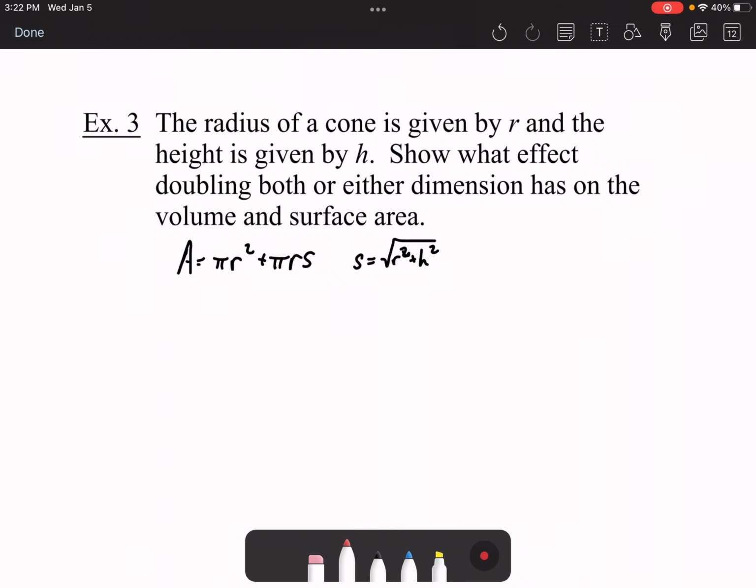So we're interested in doubling both of them or either one of them. So let's check out if we double just the radius, let's say.